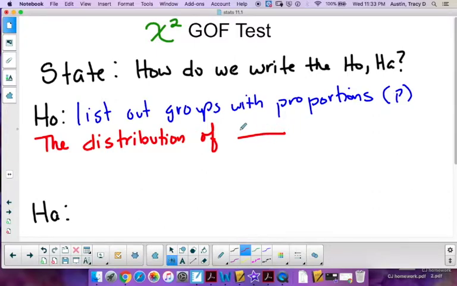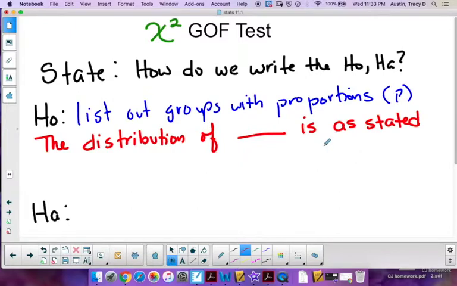If it's people, then you would say the distribution of people. Whatever your population is that's been divided, the distribution of blank is, and normally you would just put as stated, because it's normally stated in the context of the problem.